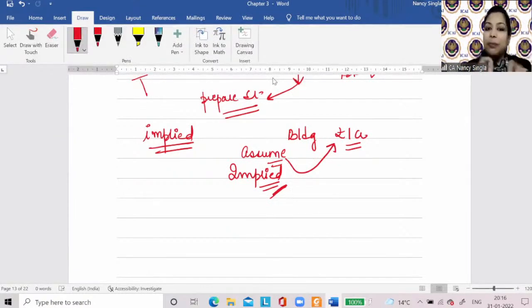As such, management has not mentioned न कि building exists, this word, right? Anything like that has not been mentioned, but I will assume as a rational user of the financial statement, as an auditor, I'm going to assume that, see, I'm saying the users will also assume and the auditor will also assume that the building exists.